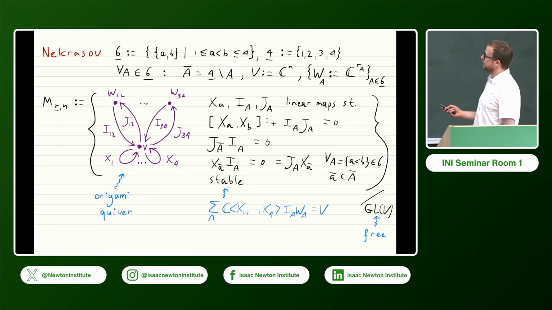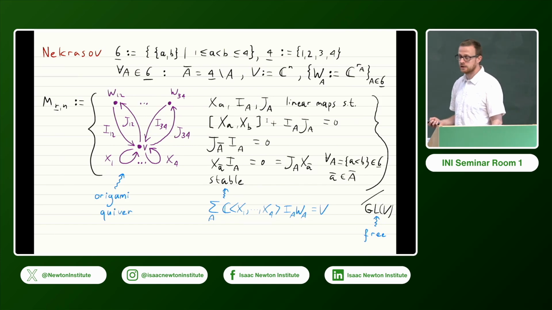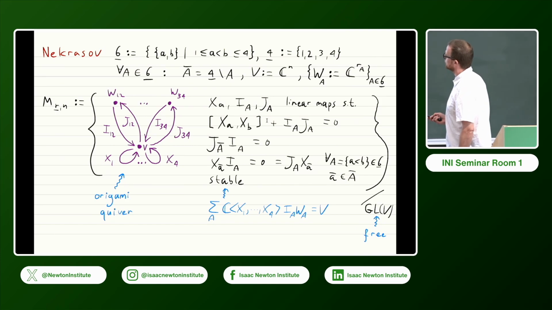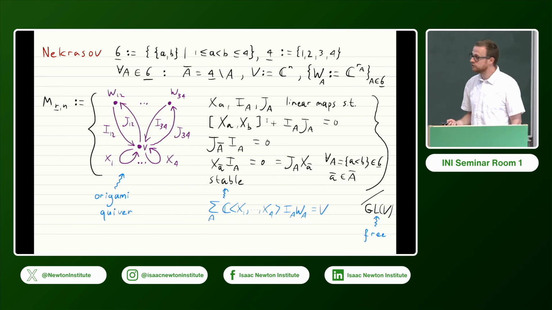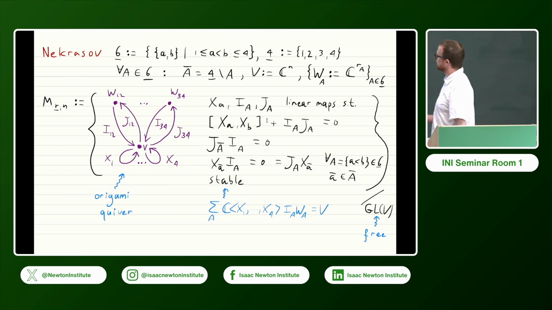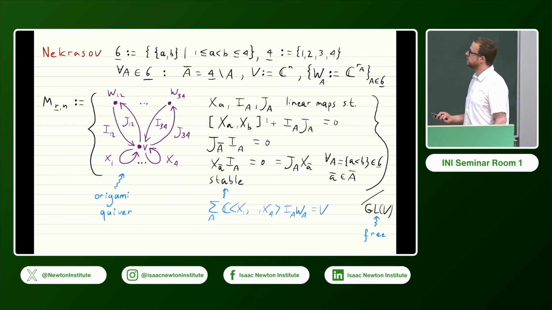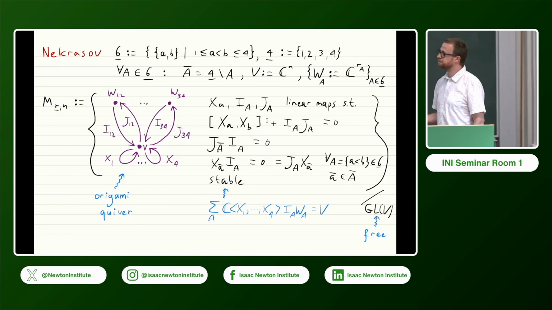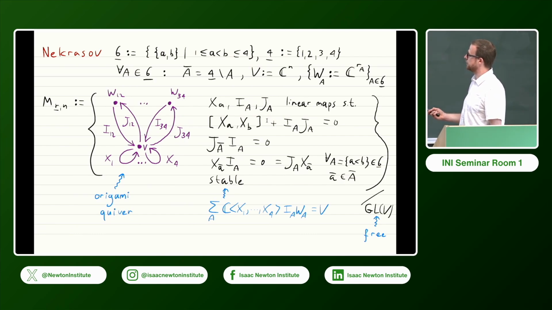We look at representations, so linear maps between these vector spaces. And then Nekrasov tells us to look at the following set of equations. For each capital A, consisting of a smaller than b, we have a sort of ADHM equation. So simply the commutator [x_a, x_b] plus I_A J_A is 0.